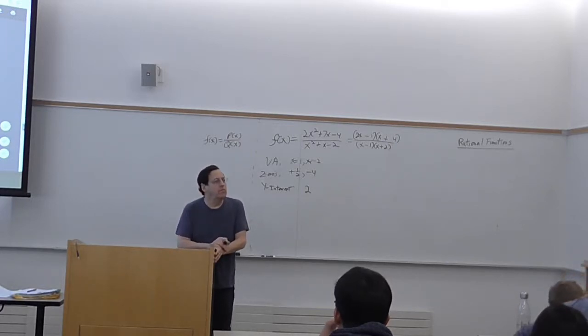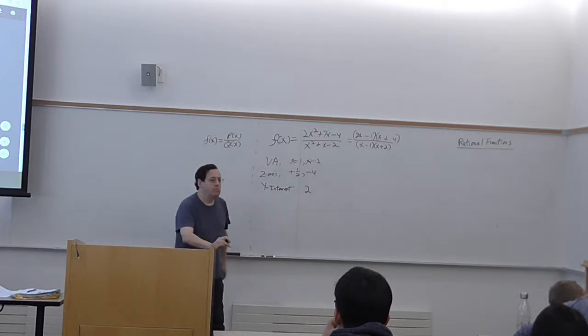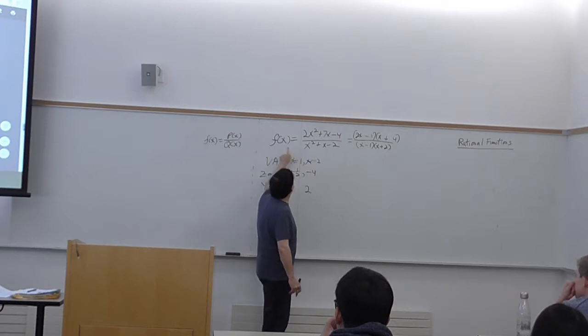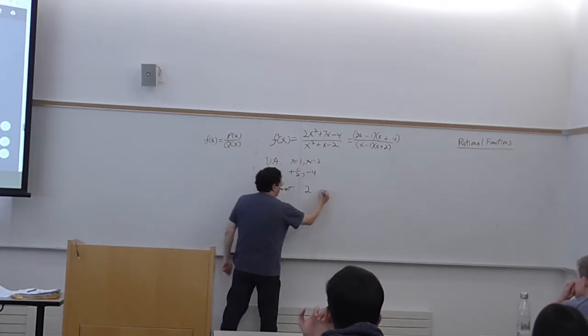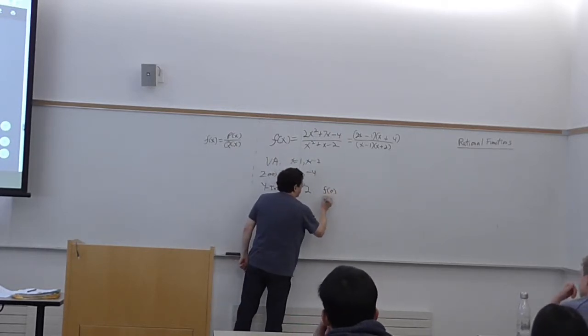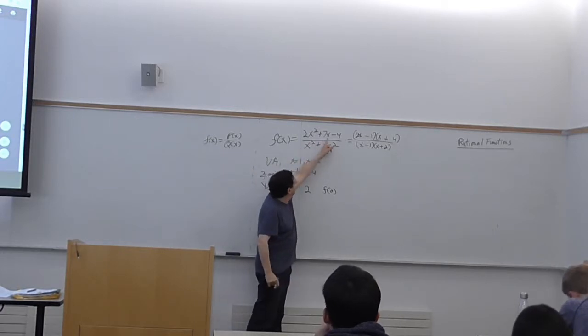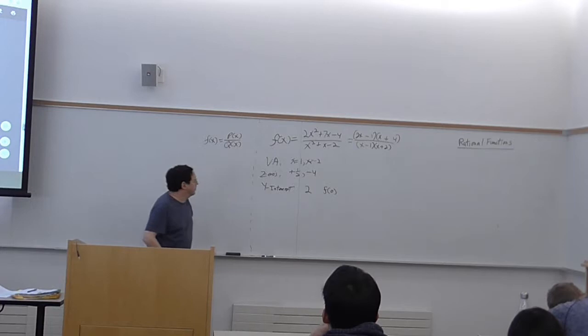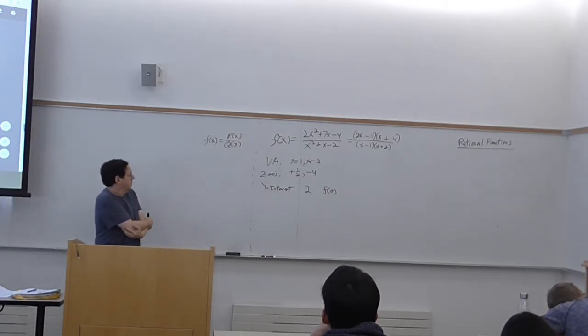Because x is always 0 when you look for the y-intercept, so you just input 0 for the x's. Yeah, the y-intercept is where f of 0 is, so all the x's drop out, minus 4 over minus 2 is 2. Okay, good.